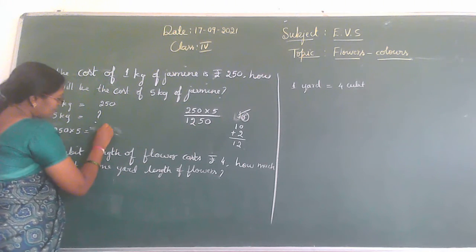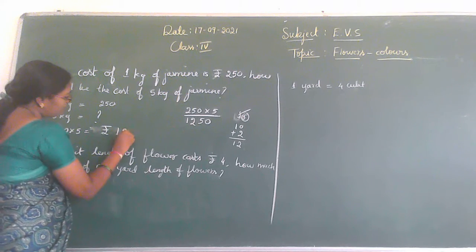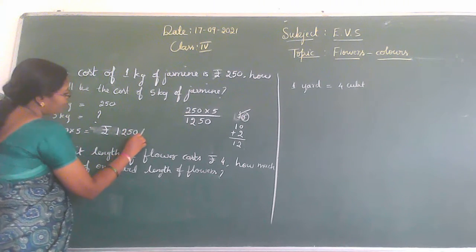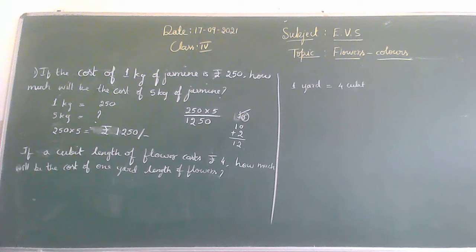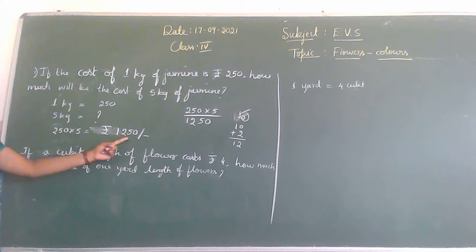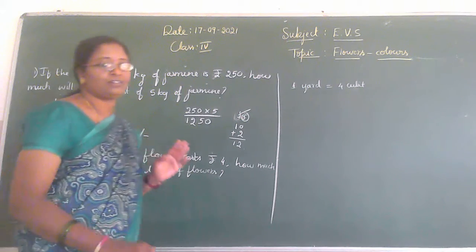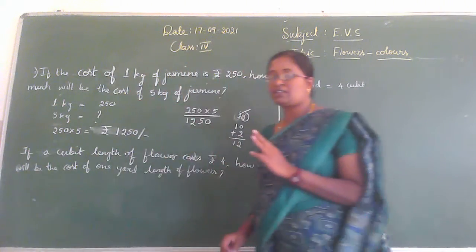This is the cost of 5 kg jasmine. Children, see here. The answer is 1250. What does this indicate? This is the cost of 5 kg jasmine. Okay, very clear. So let us go to the next sum.